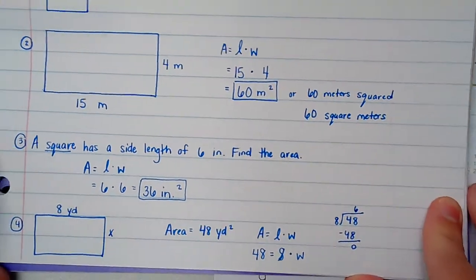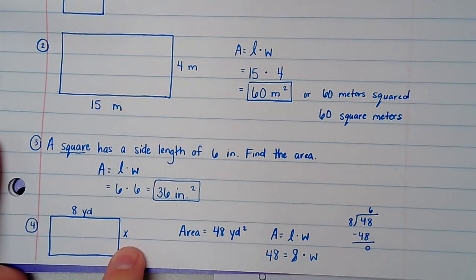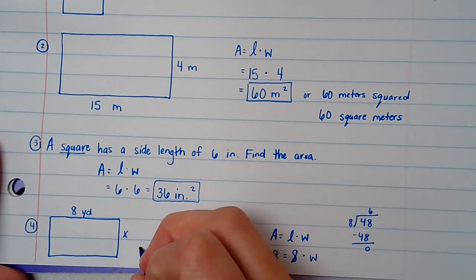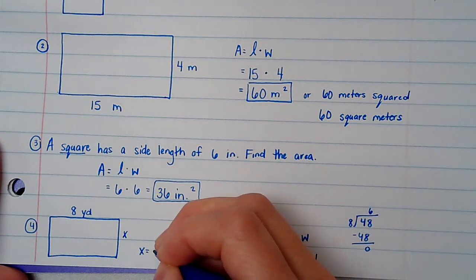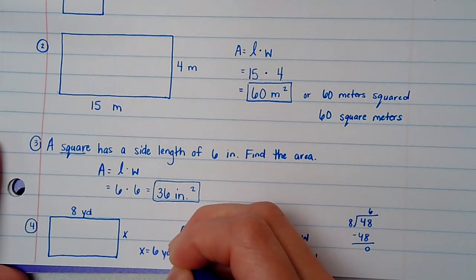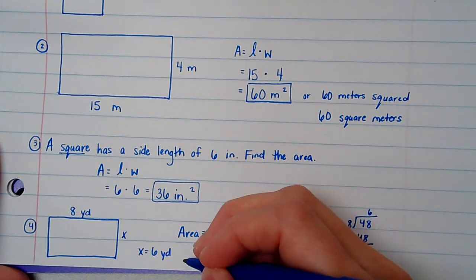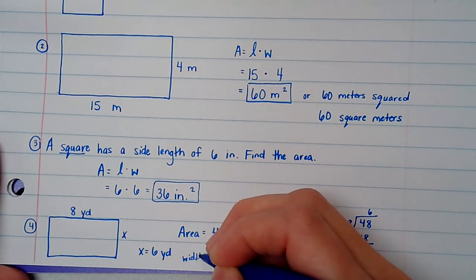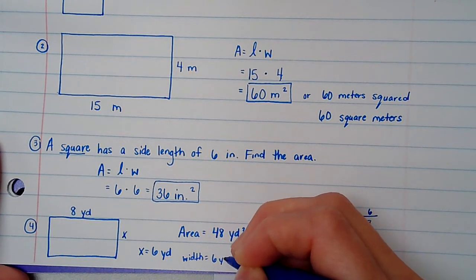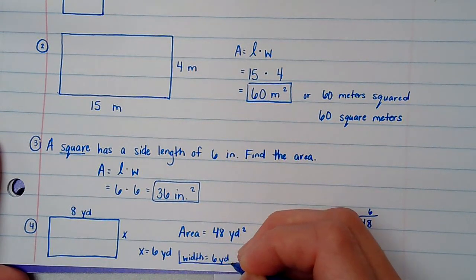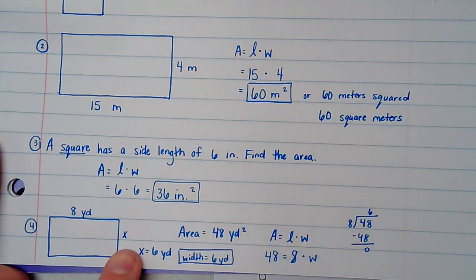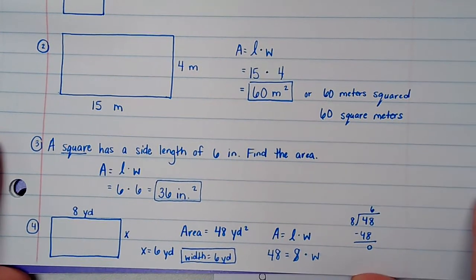So what that means is this missing side over here, X equals 6 yards. Okay, or W, because you know this is the width. So I'll write it again. My width equals 6 yards. And just to make sure we're doing that correctly, if I plug this in over here, I would be doing 8 times 6, and that does give me 48. So that is my correct area.